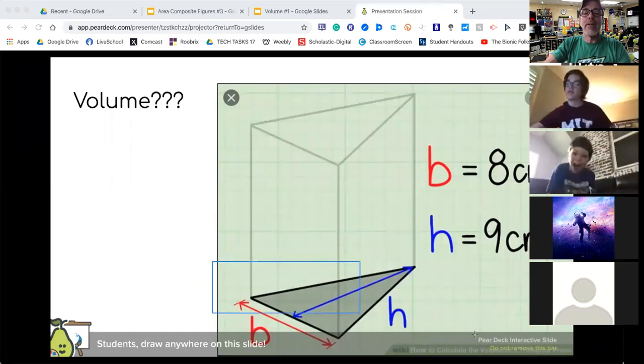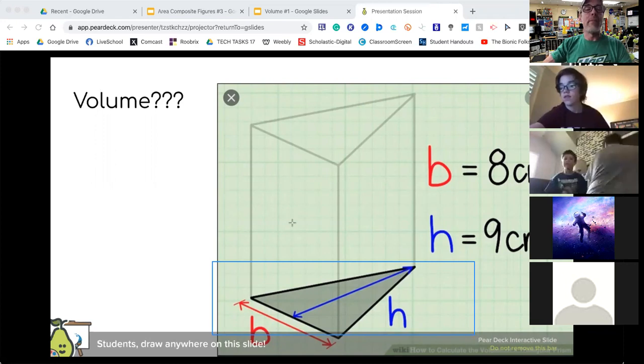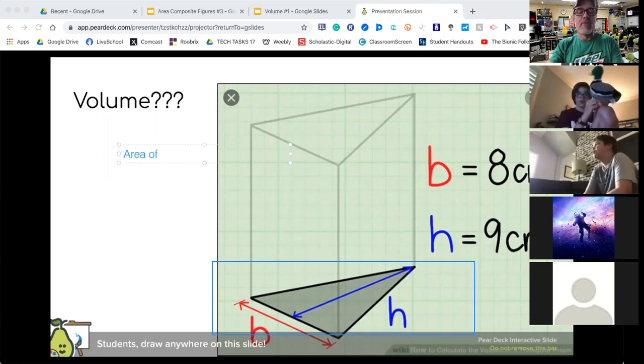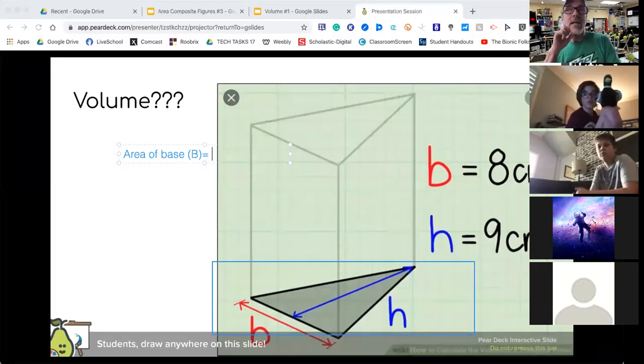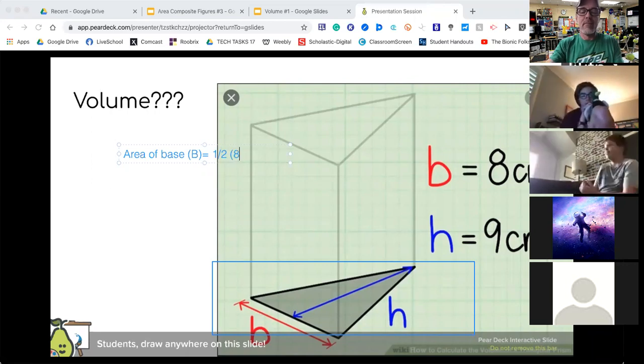The area of the base, which should be a capital B, would be 8 times 9, or half of 8 times 9, which would be 36, correct?